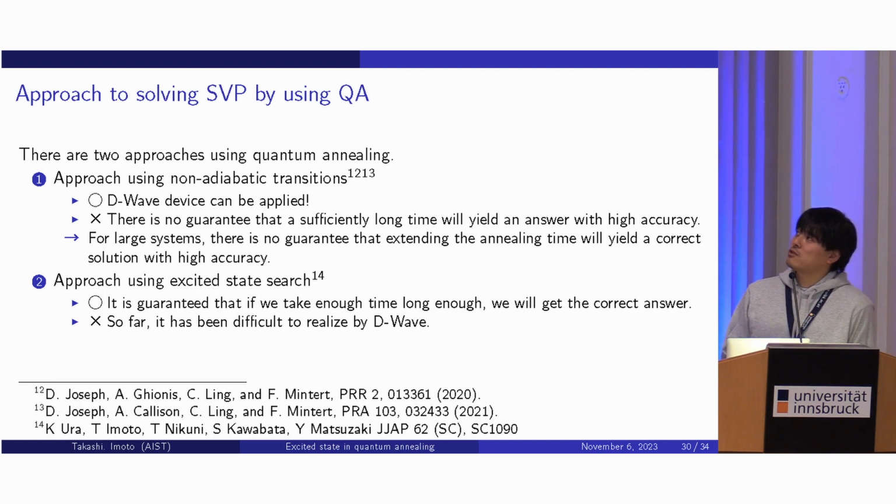But the bad point is there is no guarantee that a sufficiently long time will yield an answer with high accuracy. Therefore, for large systems, there is no guarantee that an extended annealing time will yield a correct solution with high accuracy.